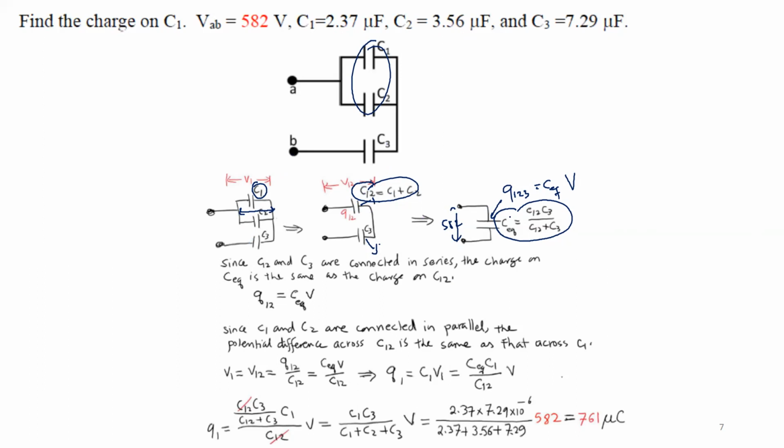And then from there you go bottom up, in reverse. This charge will be shared here and here. Knowing the charge here, I can know the voltage here because I already know the capacitance here. Then that voltage is shared between this one and this one, so I know the capacitance of each, so I know the charge of each, Q1 and Q2, etc.